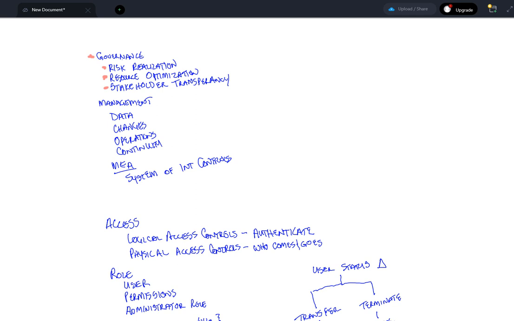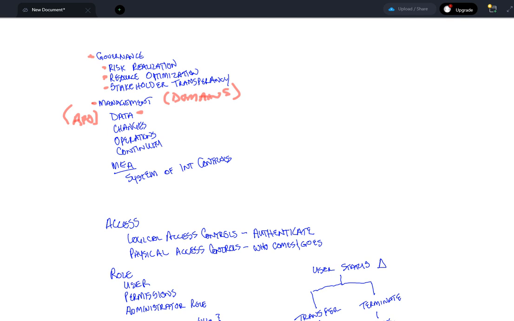For management, and this is a management focus, we look at governance, which is an overarching focus, but management is going to deal with all of the domains in COBIT. Remember we went through the domains in COBIT. So there is a management component for each of those domains. For APO, for example, we are going to be concerned about managing data.